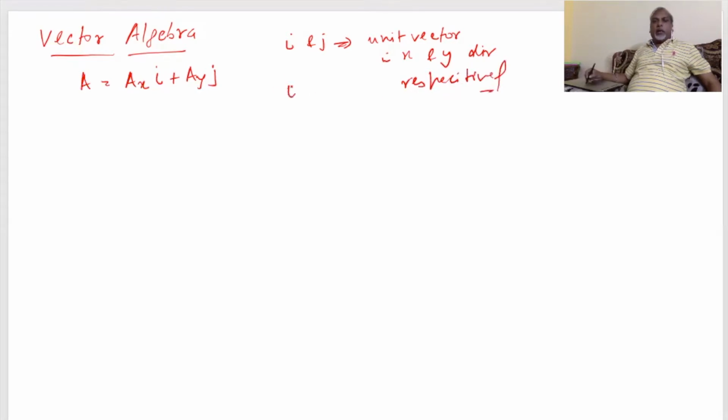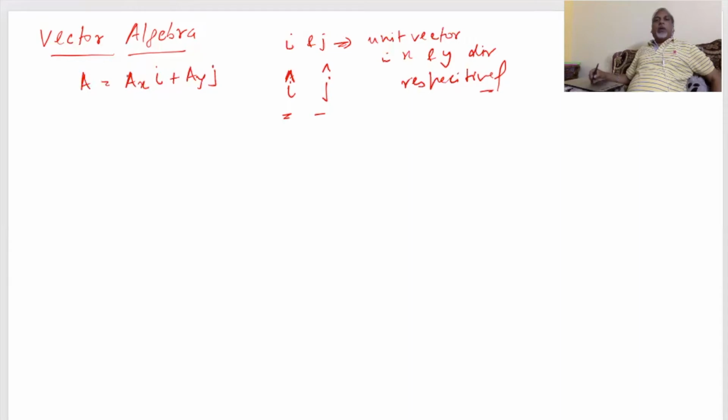Actually, i is denoted, since it is a unit vector, like this, and j is denoted like this. Whenever you denote any unit vector, this kind of sign is placed on it.